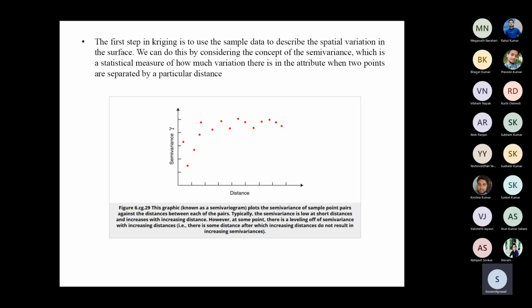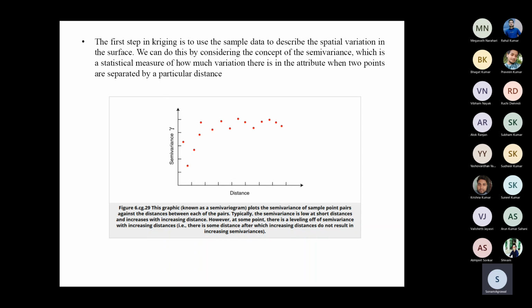We are not going into the detail of kriging. It is a very detailed topic in itself. Right now we are learning about geostatistical analysis in GIS, and when we learn in detail about geostatistical analysis, kriging is more like a mathematical topic instead of a theoretical topic.